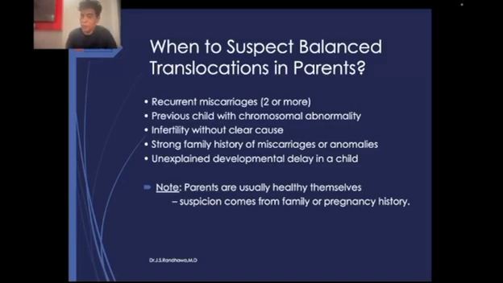Strong family history of miscarriages or anomalies, and unexplained developmental delay in a child. So you should note that parents are usually healthy when they have balanced translocation, except in a few cases like Philadelphia chromosome. Suspicion comes from family history or pregnancy history. That's all. Thank you.